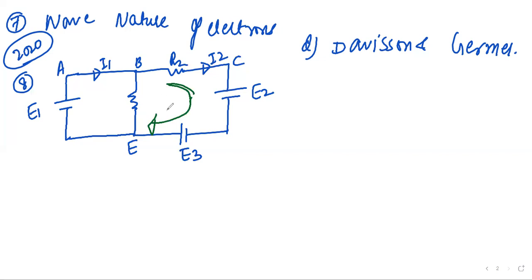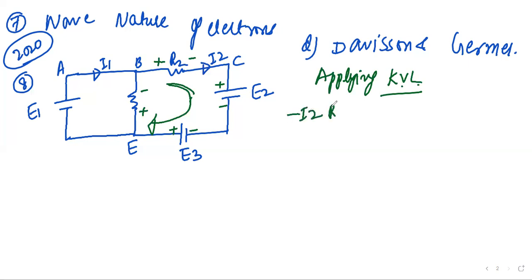the Kirchhoff's loop equation. So how can we write? By applying Kirchhoff's law. Suppose I am taking this direction, so it will be plus, minus, plus, minus. This is minus, this is plus, right? This is plus, minus. So now applying KVL, Kirchhoff's voltage law, it will be minus of I2 R2 plus E2.